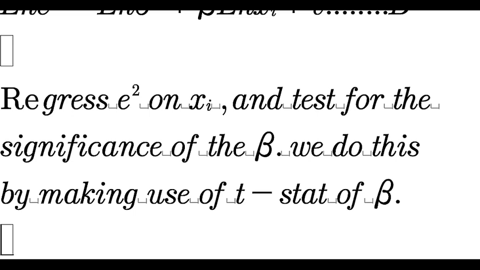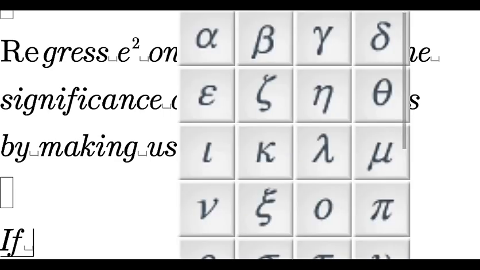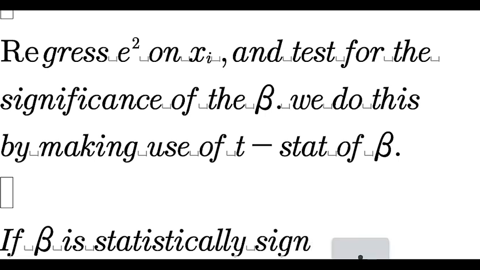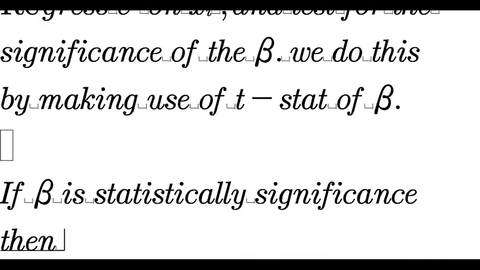Having observed the value of the t statistic, if beta is statistically significant, then we reject the null of homoscedasticity, because the null is not true, since beta is significant.